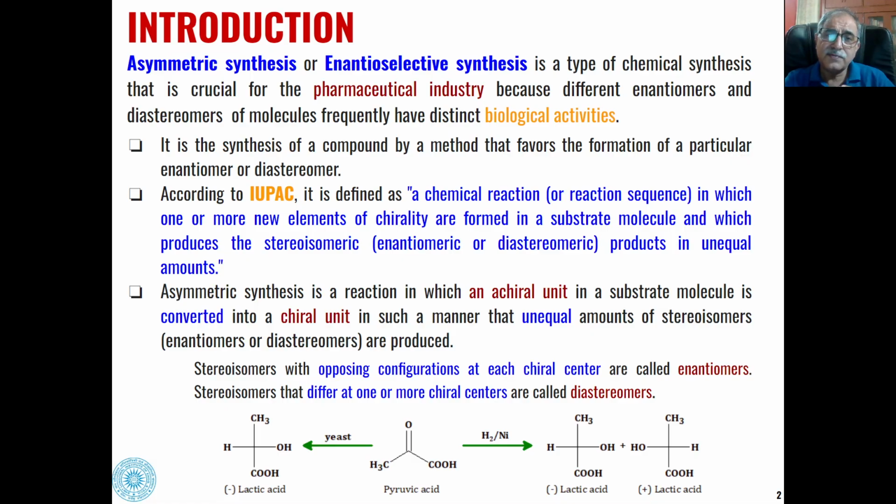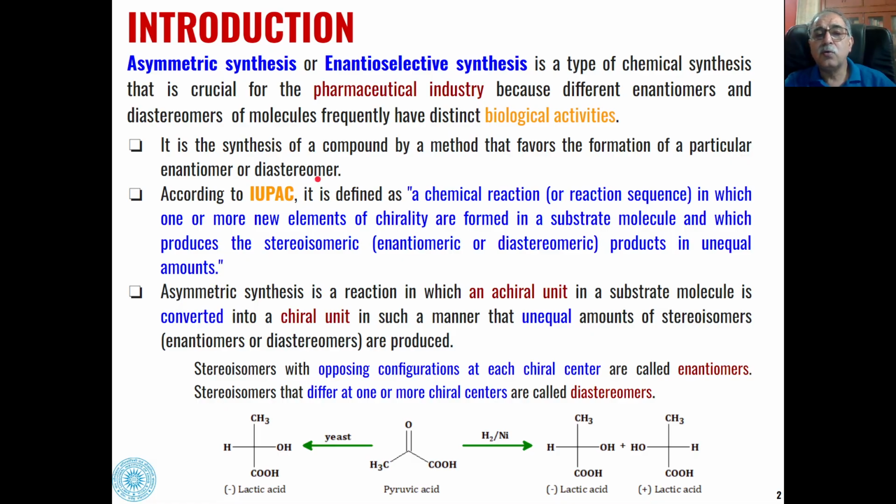So that is why asymmetric synthesis or selective synthesis is very important for the pharmaceutical industry. Through this asymmetric synthesis, we synthesize a compound through some distinct method which will favor the formation of a particular enantiomer or a diastereomer.